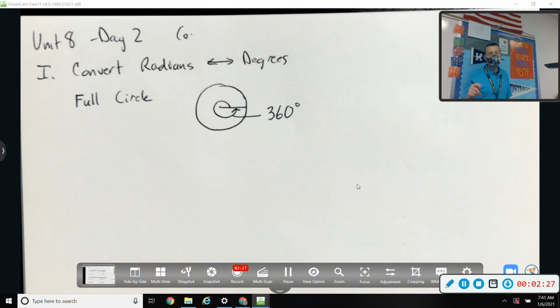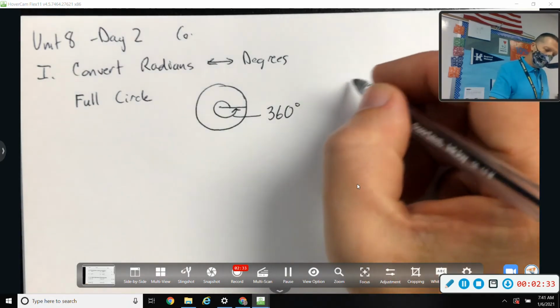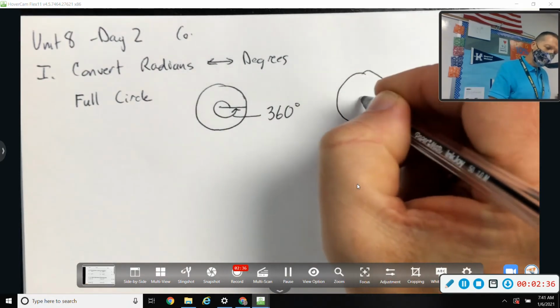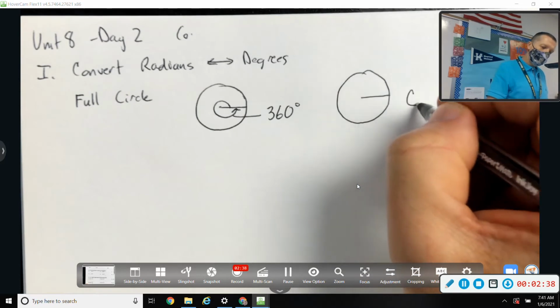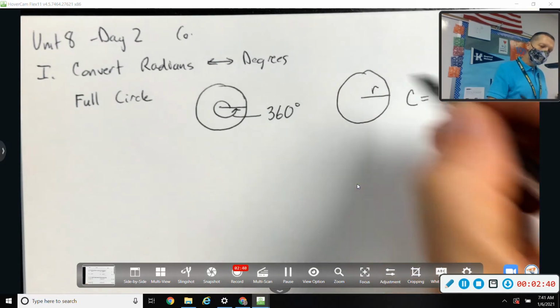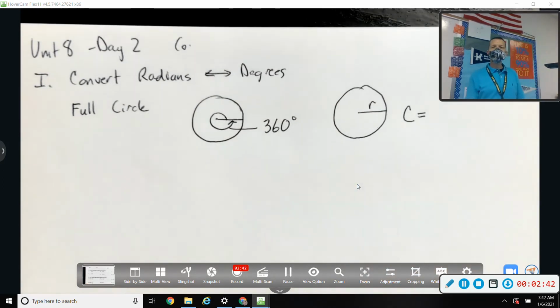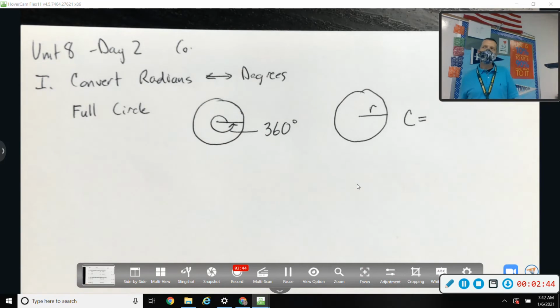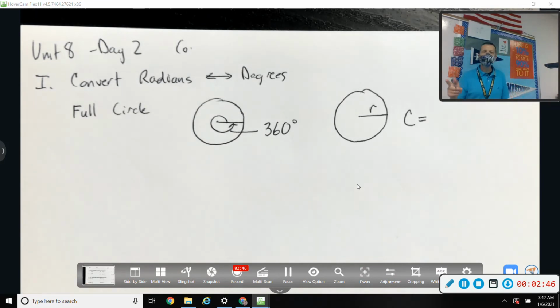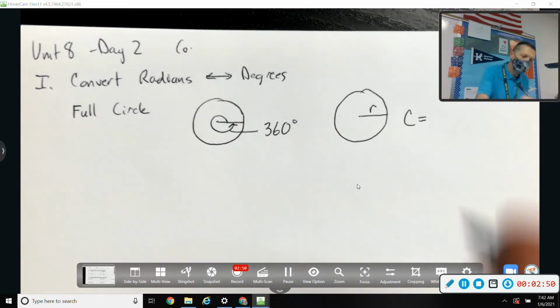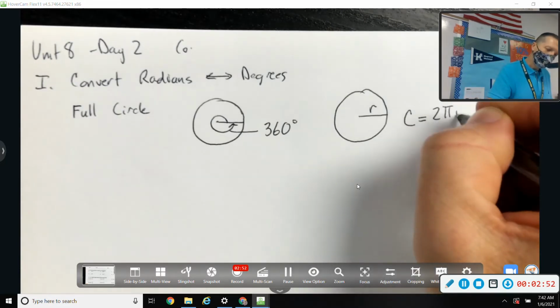Do you know how far it is all the way around in radians? Well, you may not. That's okay. How about the circumference of a circle? Do you know what the circumference of a circle is? That's area. Pi r squared is area. So what's the other one? 2 pi r is the circumference.